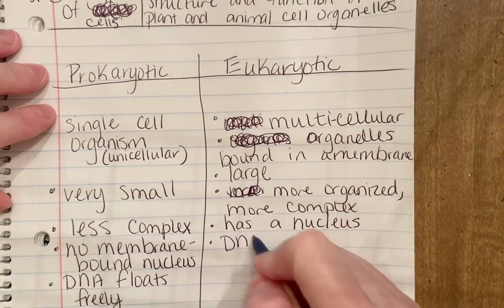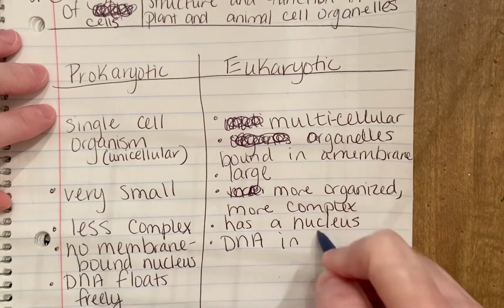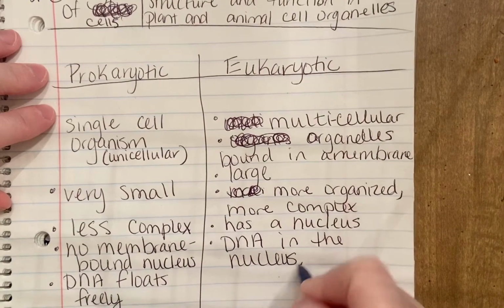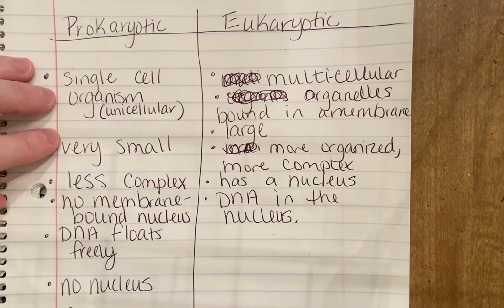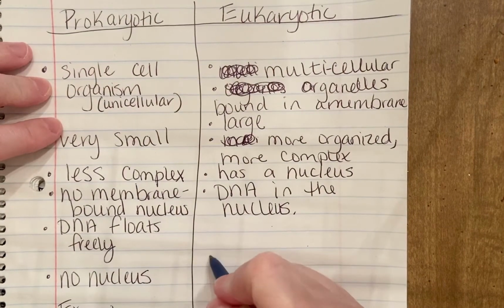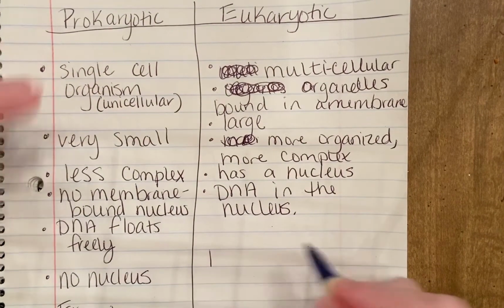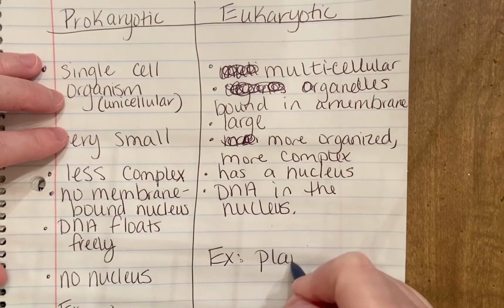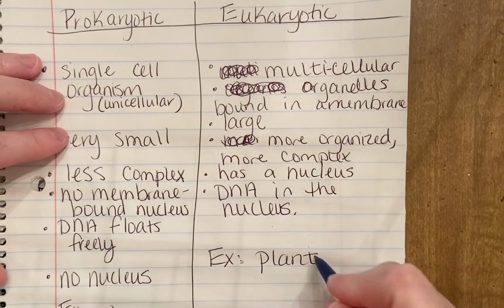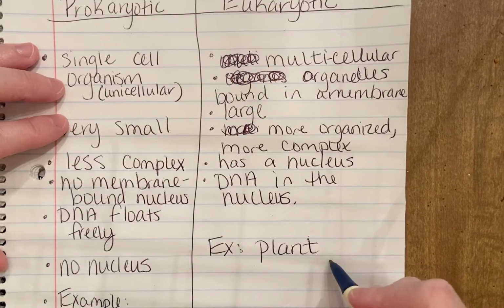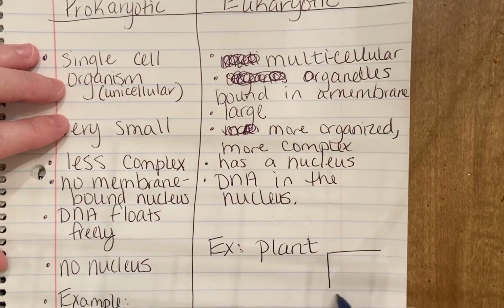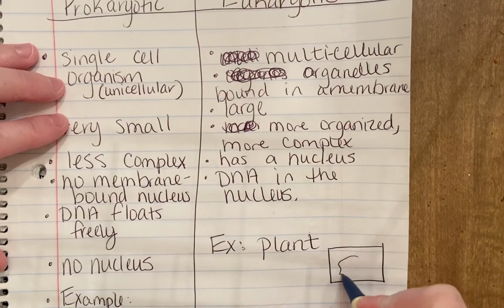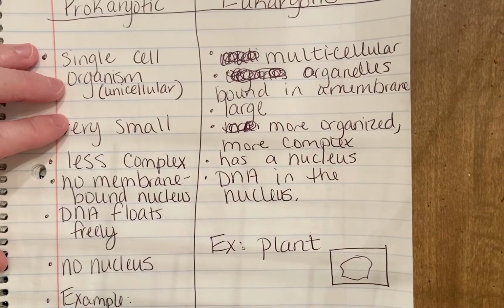Examples of eukaryotic cells are plants. Because remember, plant cells, we talked about this when we talked about plants, are squares. They have a large central vacuole.